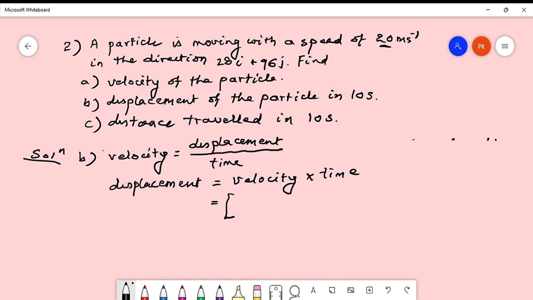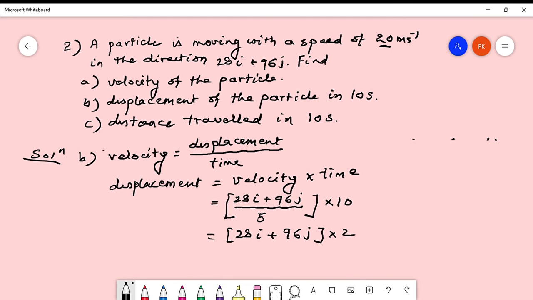So here the velocity vector is 28i plus 96j divided by 5, and the time is 10 seconds given to you. So 28i plus 96j into 2, that is 56i plus 192j, that is the displacement.